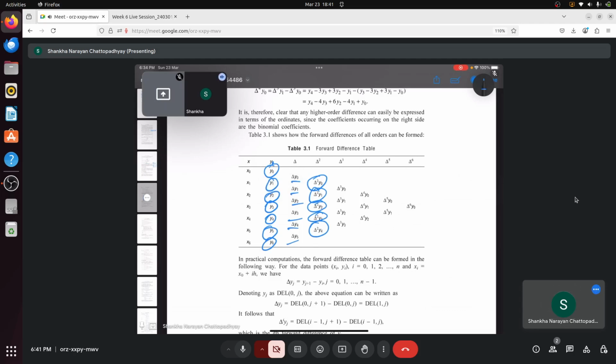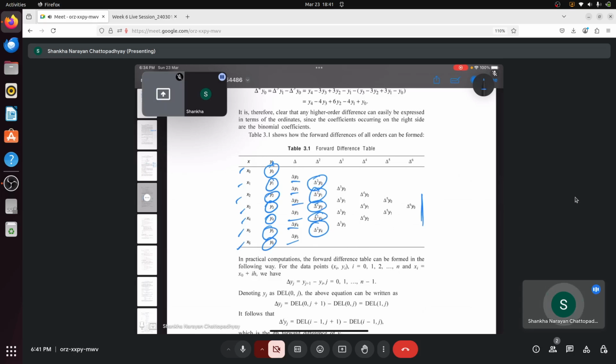So if you have 7 number of points, 1 2 3 4 5 6 7, then you can at most have up to 6th order difference. Okay. Did you get it? Then you can calculate this delta 6 y0.